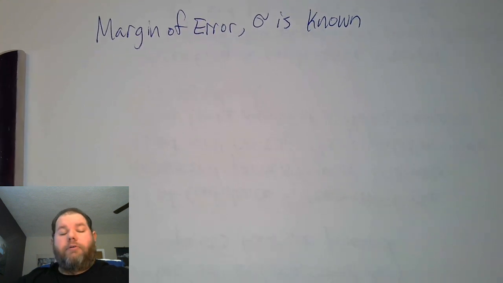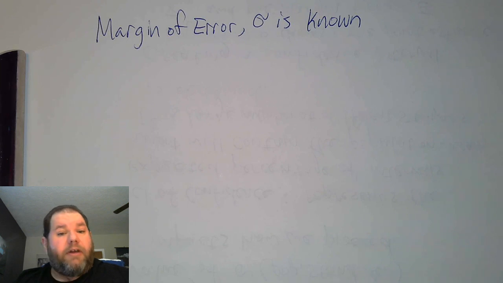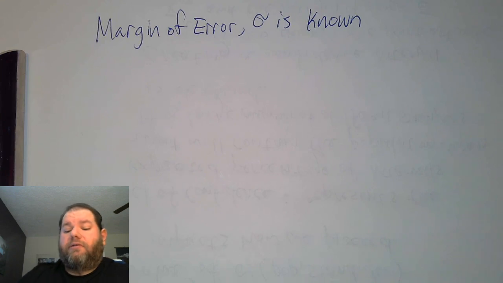We'll look at the easier one first, where we actually know what the population standard deviation is. Let me just say that if we don't know the population mean and we do know the population standard deviation, that's pretty weird. So we should not expect this too often, to have this level of population data and not have the other one. So this is the less likely case, but it's also the easier case. So I wanted to do it first.